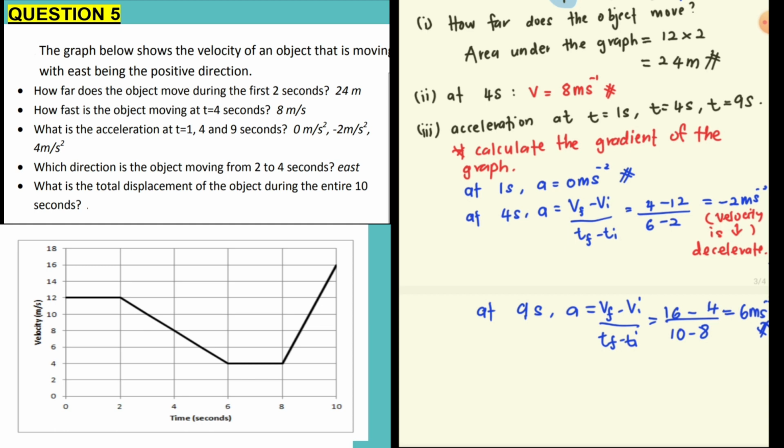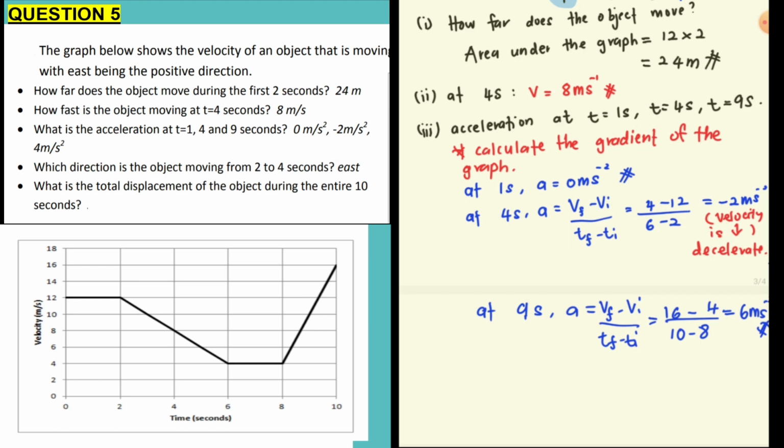So dia tanya which direction is the object moving from 2 to 4 seconds. So the answer is east lah, ke kanan. Dia masih bergerak, and here it still keeps moving to the right. Sekarang ni semua velocity kita semua positif, maknanya dia masih bergerak ke kanan.